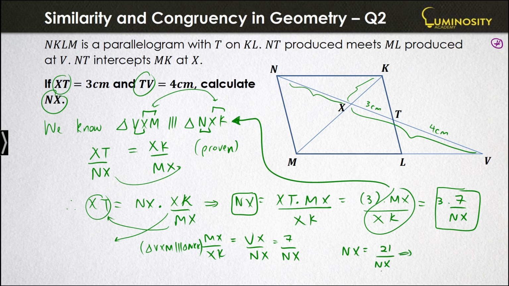Then if I multiply both sides by NX, I'll get NX squared equals 21. And then to get rid of that square, I can square root both sides. So I get NX equals square root of 21. And because I was given a unit measurement, I need to make sure I put that in.